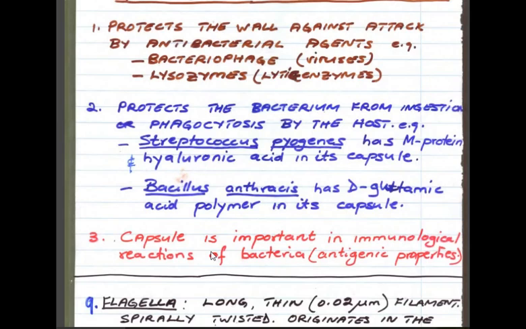That means in these antigen-antibody reactions which you study in immunology, the capsule is important because it is the one that reminds the cells of the host whether this bacterium has been there before or if it is a first visitor.